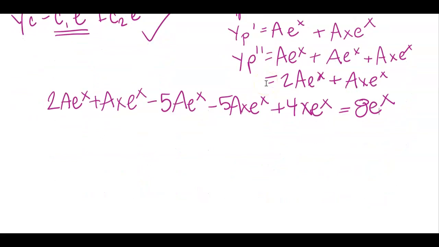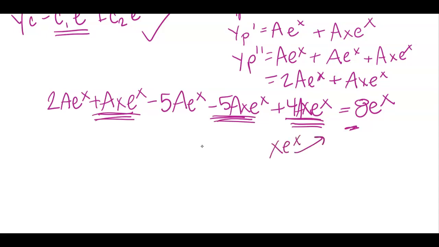Okay, now when I go to try to look at this front part with the x e to the x, I should have an a in the front there. Notice these all cancel out. There is no x e to the x term here, which makes sense. So I'm good to go there. They all go away when I plug in.